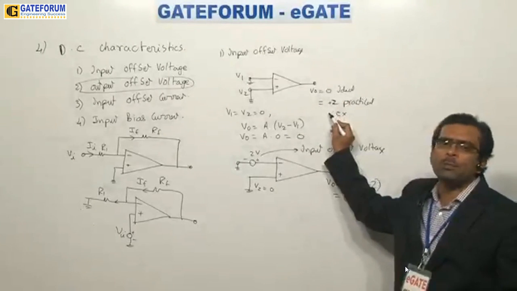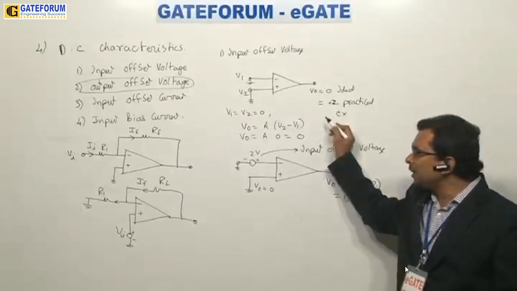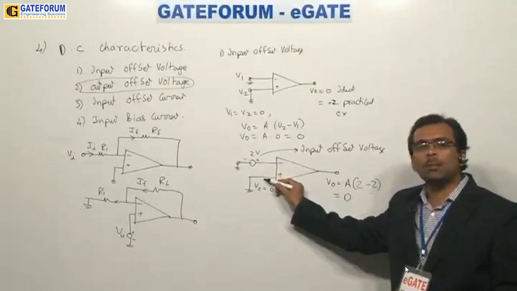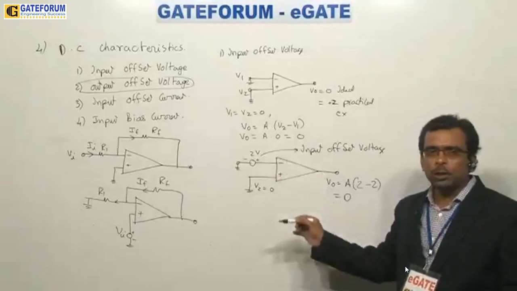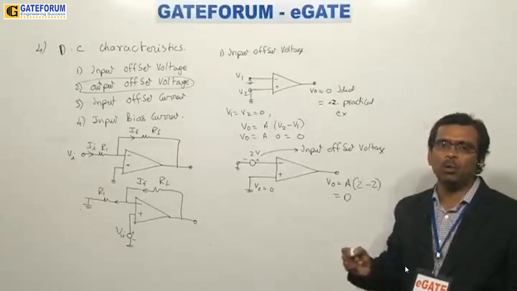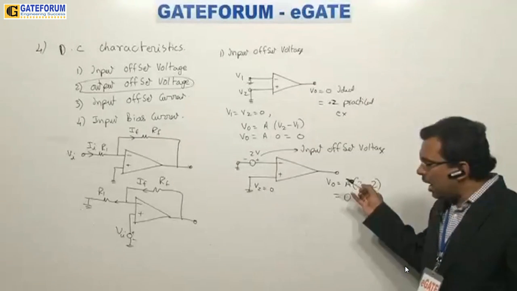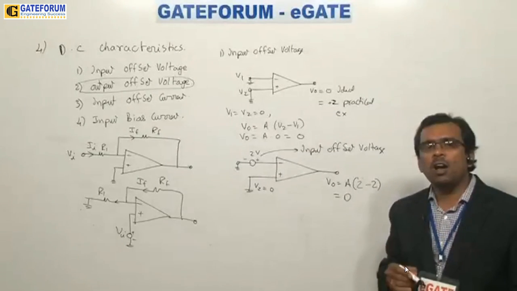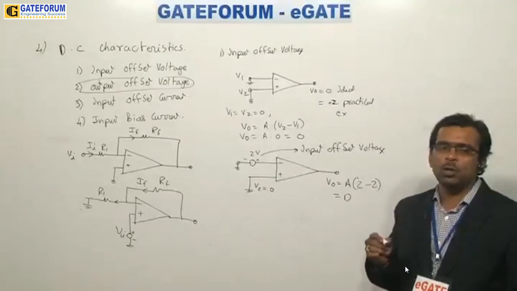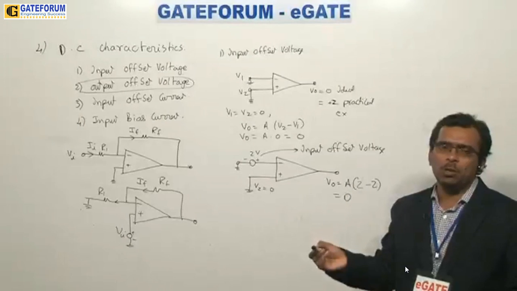Suppose you get output voltage minus 2 here, then I have to connect this voltage to this terminal, not to this terminal. This terminal I need to ground. So first you need to identify what is the error voltage which you are getting at output. After identifying it, look at the polarity, whether it is plus or minus. If it is plus, you need to connect the offset value to the negative terminal.